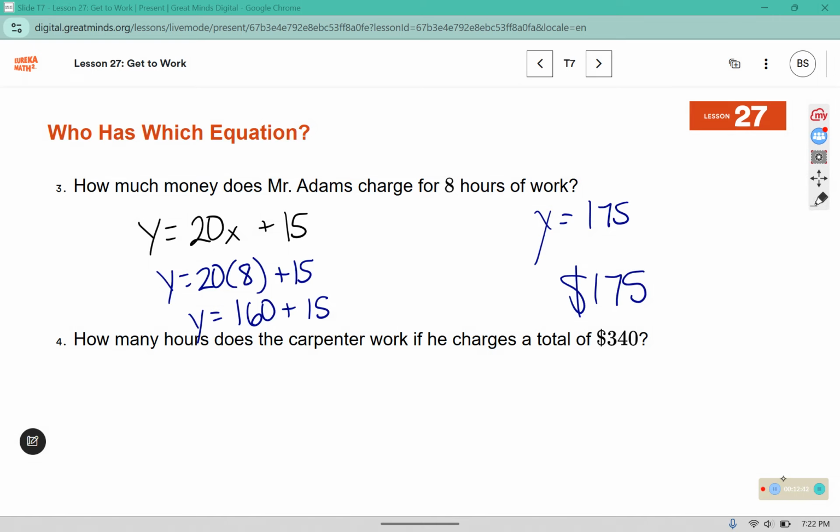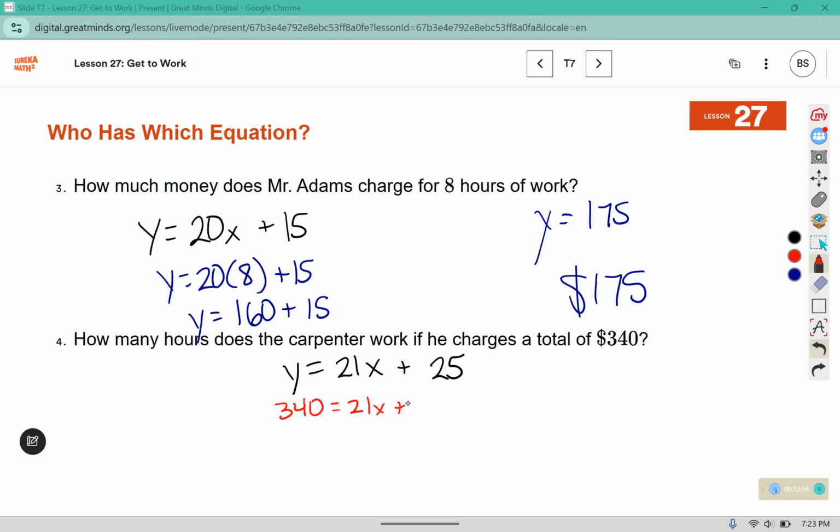How many hours does the carpenter work if he charges a total of 340? That 340 is going to go into the y position because that's the amount he earns. And then we'll need to solve it for x. So we'll subtract 25 from both sides.